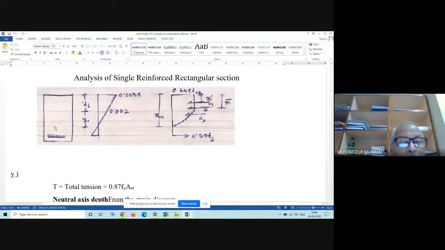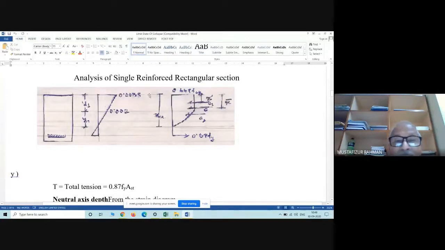If you go beyond that, there will be strain, but the strain will be tension. This is the extreme upper surface.